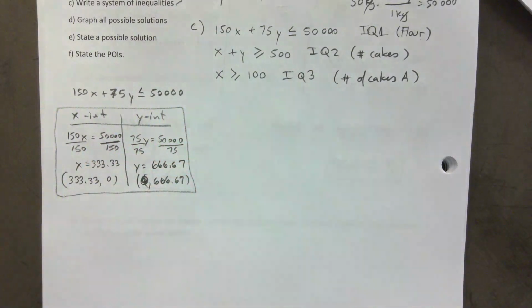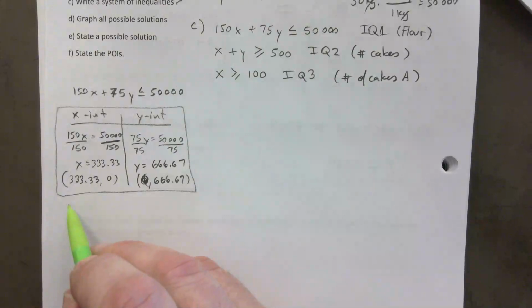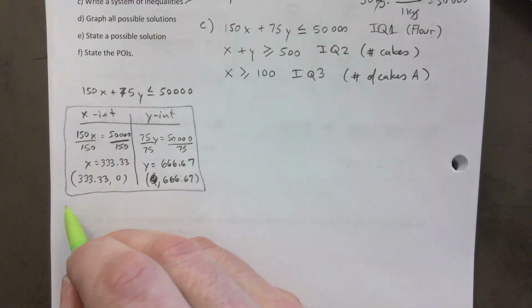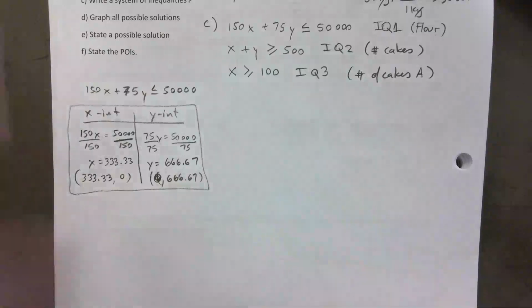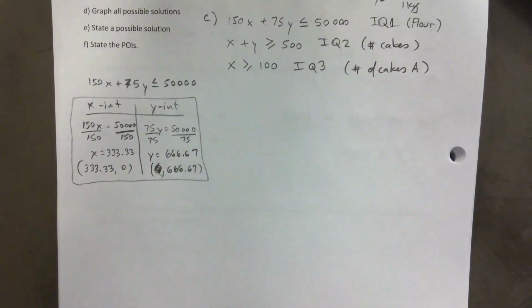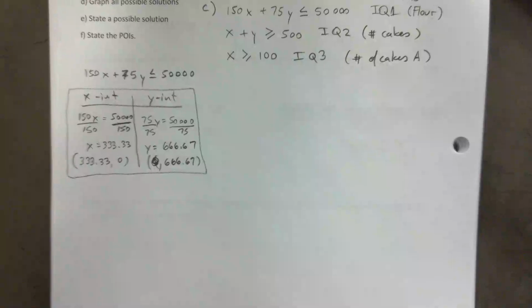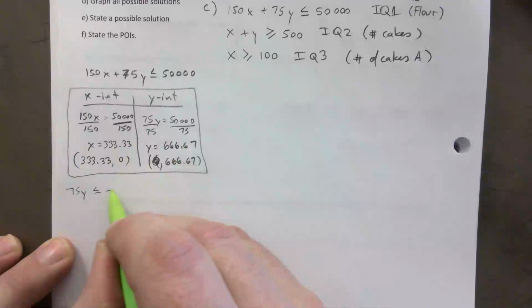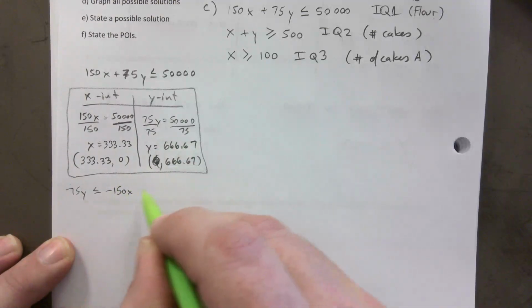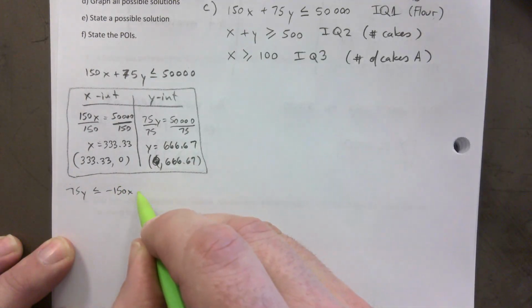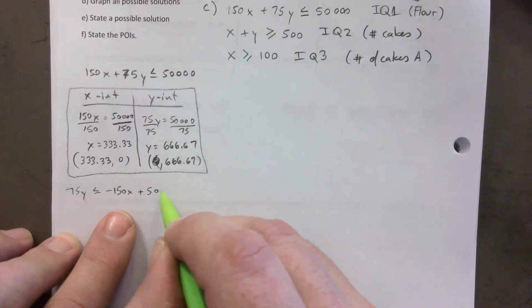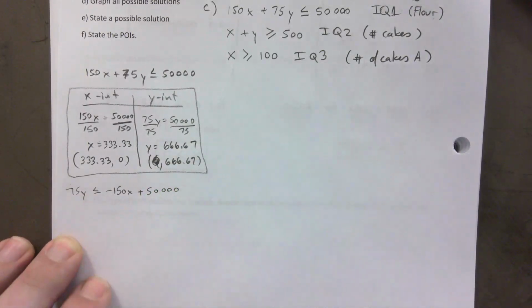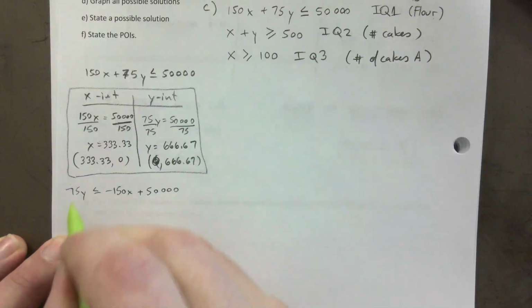I approach it the same way as before. Let's rewrite it. Please let me know if I'm off my margins. 75y is less than or equal to negative 150x plus 50,000. The numbers can be big. It doesn't matter.